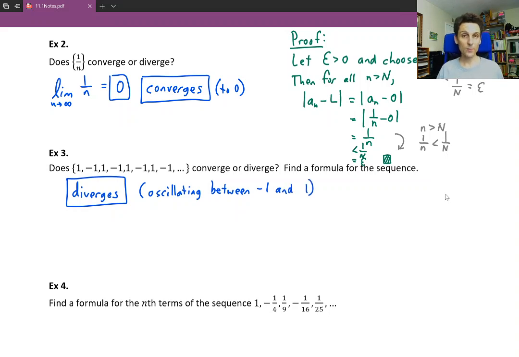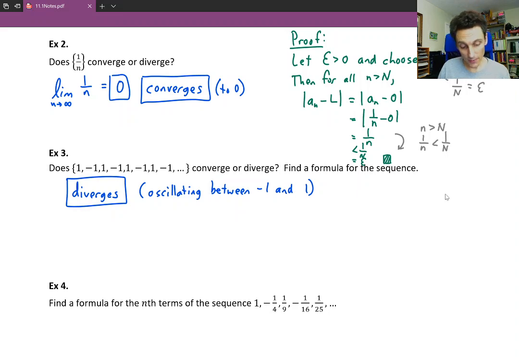So there are really two main ways that a sequence can diverge. One is that it oscillates back and forth, and so it doesn't settle in on any particular number. Another way is if it blows up to infinity or goes down to negative infinity. Those are the three main ways that a sequence could diverge.